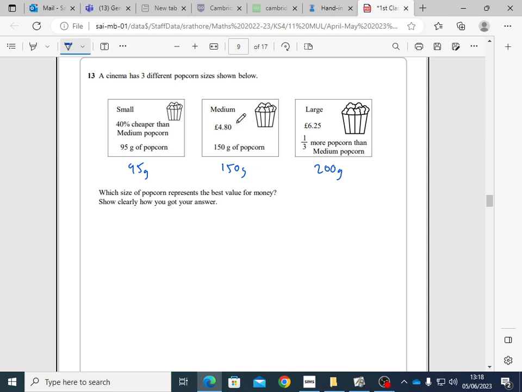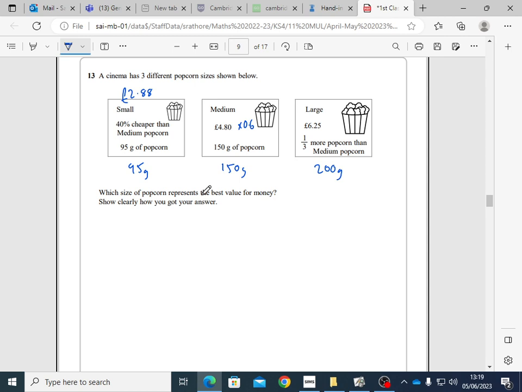What do I times this by? 0.6. Good. Because if you take 100%, take away 40%, you get 60%. So 0.6. Say again. 2.88. So you got it wrong, yeah? Make sure you check it on your calculator. 2.88 is the price of this. Alright.